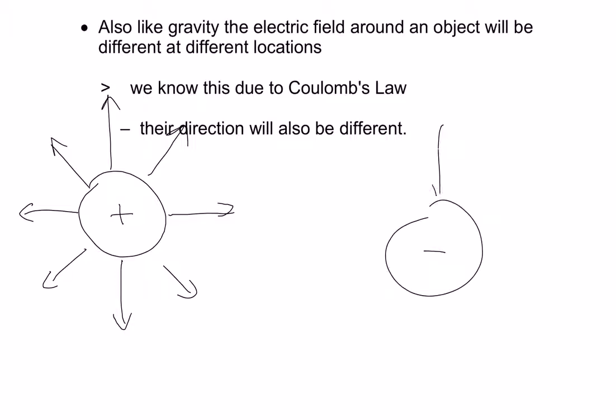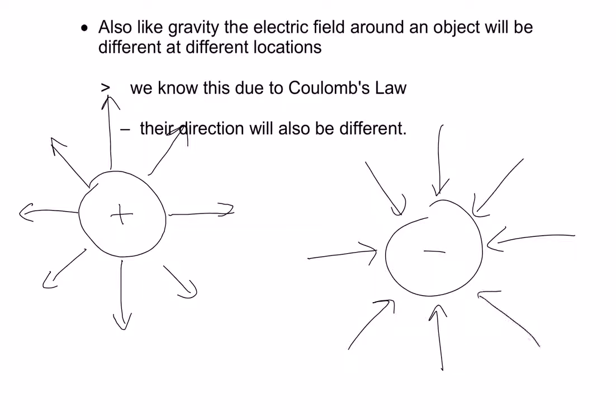And for a negative source, the electric field is inwards. So we draw arrows going all the way around. You don't need a lot of them, just enough to show that it's going from every direction. And the length of the arrows will indicate how strong the electric field is. If it was a weak field, have short arrows. If it was a strong field, you'd make those arrows a little bit longer.